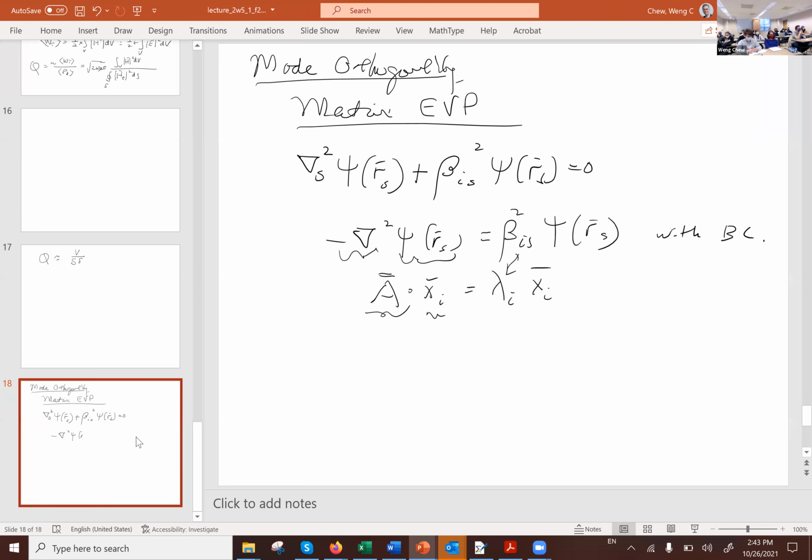You know that eigenvectors of the matrix A are orthogonal with respect to the matrix A. You remember this, maybe too far back. If the matrix A is Hermitian, what about the eigenvectors?